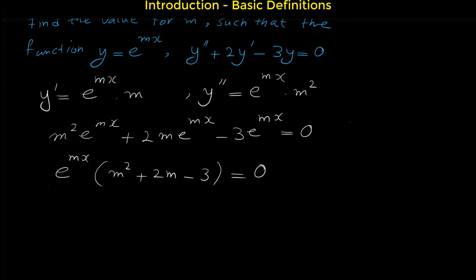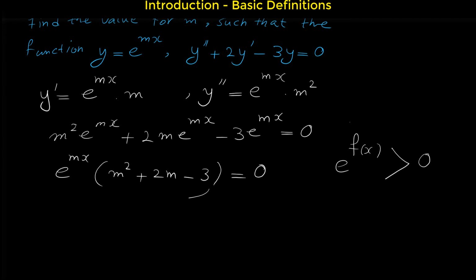Always keep it in your head. E to any expression, it doesn't matter if it is mx, x, 2x, negative x, x squared, whatever. E to any function like f of x is always greater than 0. And it cannot be equal to 0.